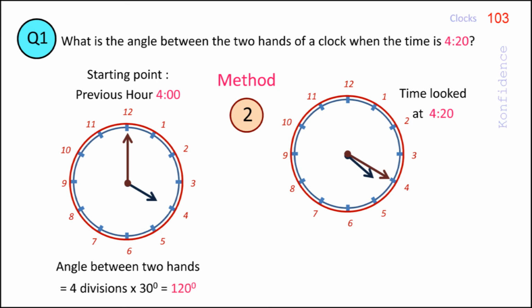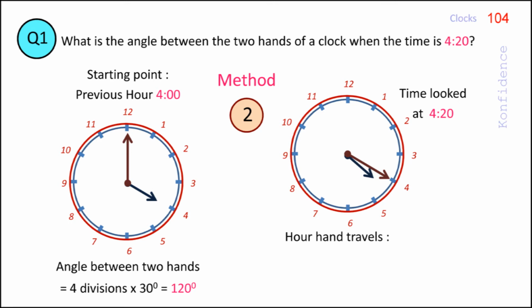We know that the angle between two consecutive divisions is 30 degrees in the clock. So, the angle between 12 and 4 is 4 into 30 equals 120 degrees.